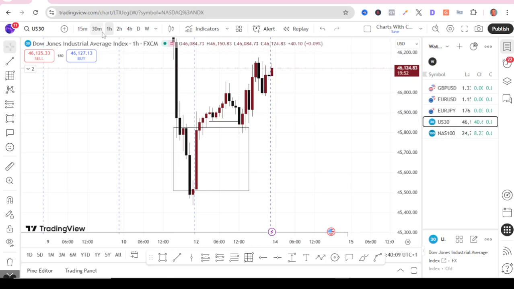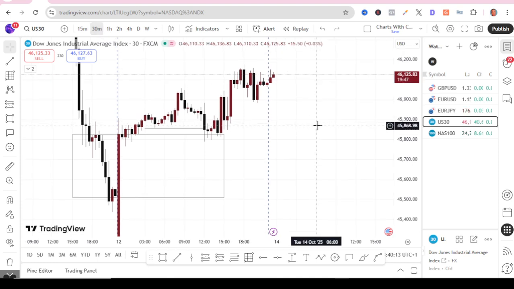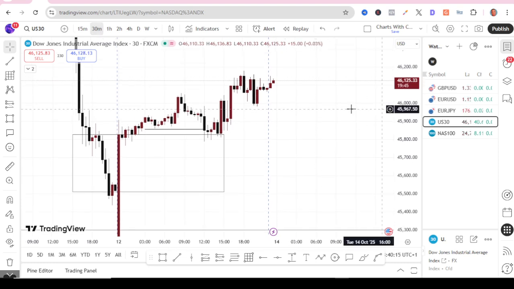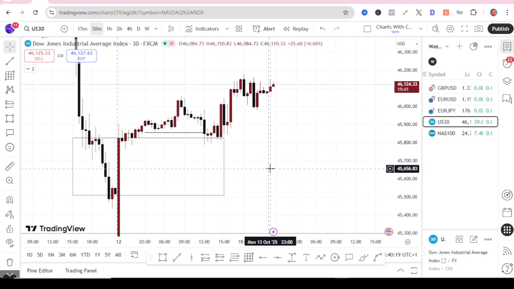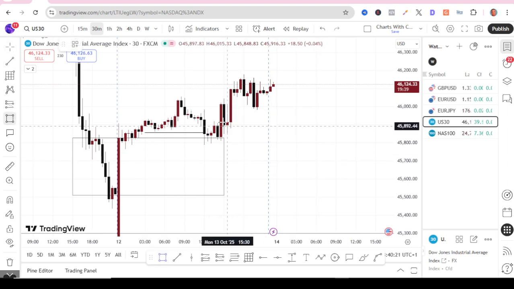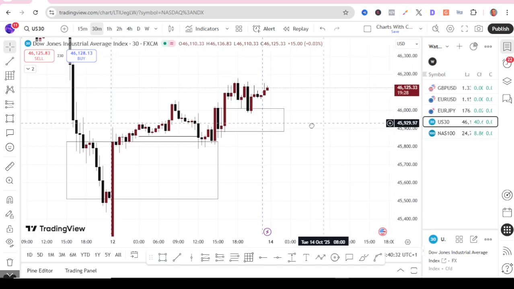I would want to take the buy. I would want to continue the buy. So where would I want to buy from? Wow, price has already gotten to this zone. I would have loved to buy from here. Yes, I would have loved to buy from here, but that zone has been mitigated already.